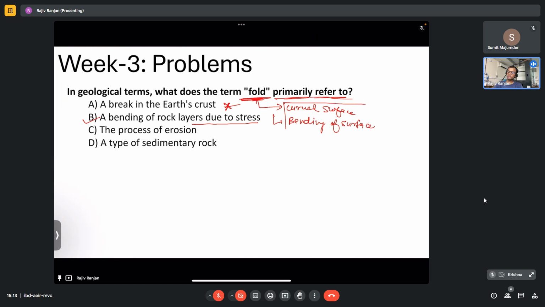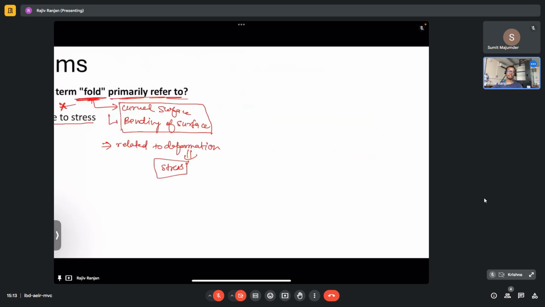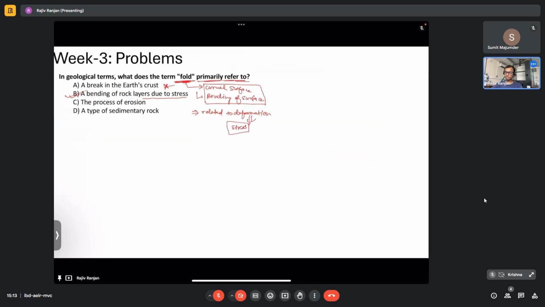But one important thing to note when we say folding in terms of geology, it should be related to deformation. And deformation means that it is a manifestation of stress. So that is why option B is correct.